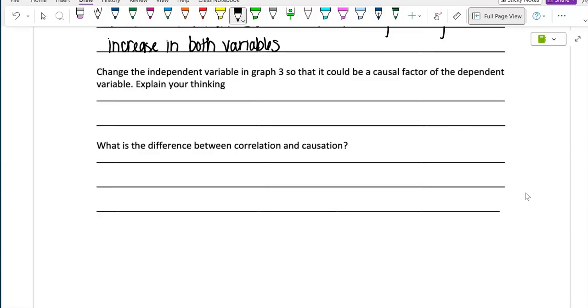What possible third variable could cause both of those to increase? Do we think a kindergartner would score the same as a third grader on a math test? So what would cause that kindergartner to both grow in height and increase in math score?